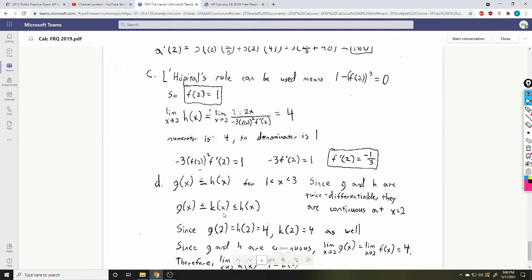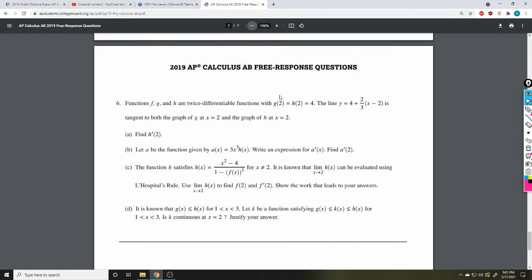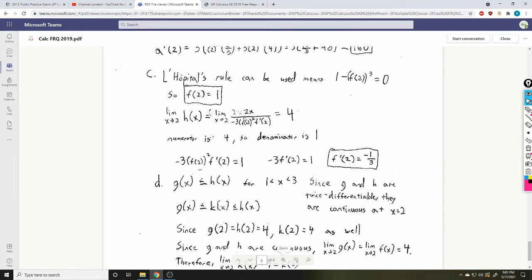But over on part C, L'Hopital's rule can be used means that the bottom has got to be 0 to get an indeterminate form. So that means that f of 2 had to be 1. And we also knew that the limit is 4. How do we know that the limit ends up being 4? Well, it tells us that we have a continuous function and that these two functions are both 4. So that means the limit also has to be 4.